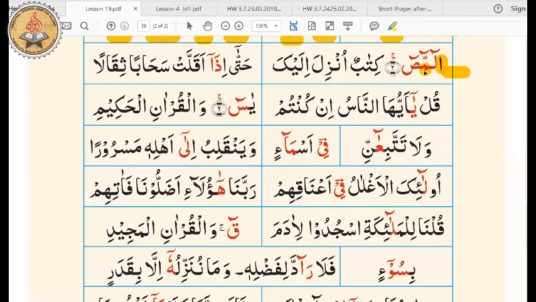You are joining with this Mim Mushaddad. Remember, in Noon with Shadda or Mim with Shadda, we produce a 2-second nasal sound. So it is Alif, Lam, Mim.